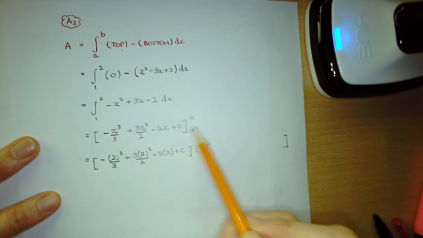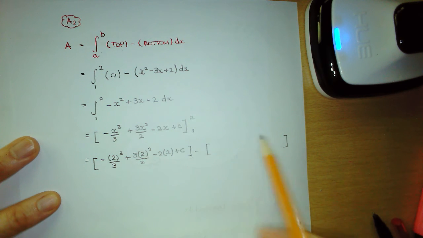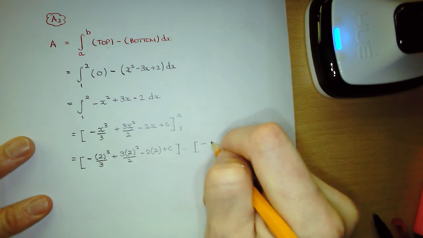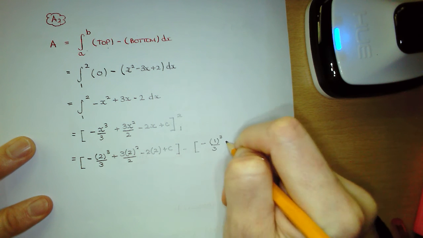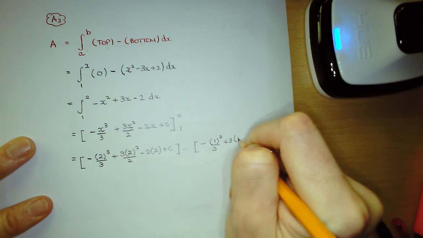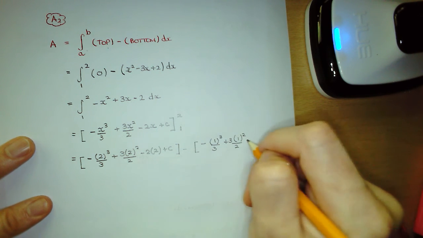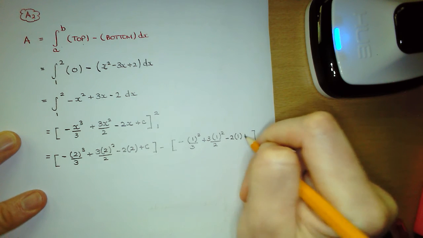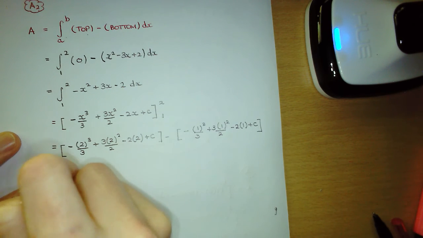We're now going to sub the bottom limit or the smaller limit into the integrated expression in the second square bracket. So we've now got minus, we've got 1 cubed over 3 plus 3 times 1 squared over 2 minus 2 times 1 plus c.